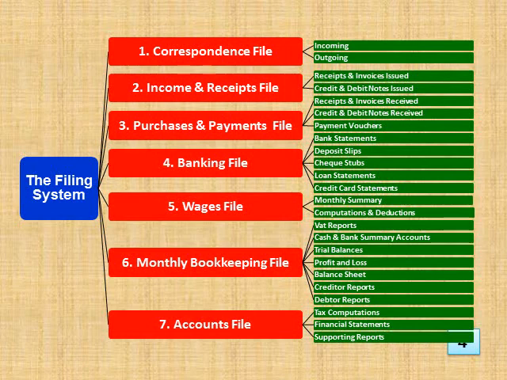The monthly bookkeeping file for VAT reports, cash and bank summary accounts, trial balances, profit and loss accounts, balance sheets, creditor reports, plus debtor reports. 7. The accounts file for tax computations, financial statements, plus supporting reports.